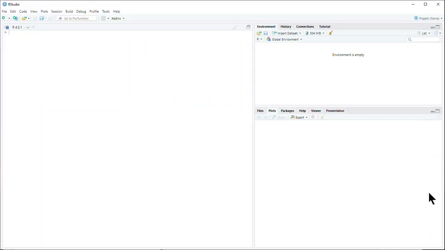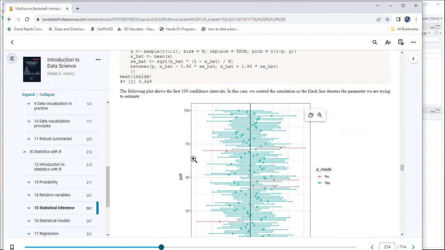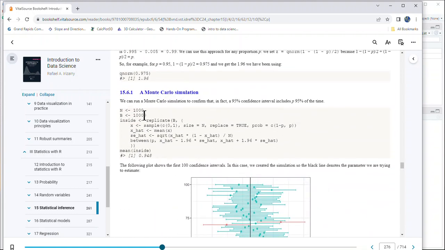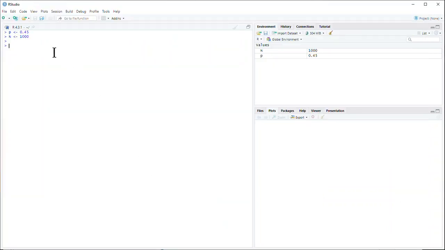So I'm going to put those in R. And then in our textbook, if we look down here at his Monte Carlo simulation, he says to do this 10,000 times. So B is equal to 10,000. So let's load that into R as well. Now I have a probability of 45%. I'm going to run 1,000 samples, and then I'm going to repeat that 10,000 times in my Monte Carlo simulation.